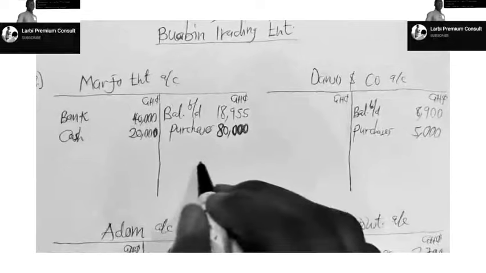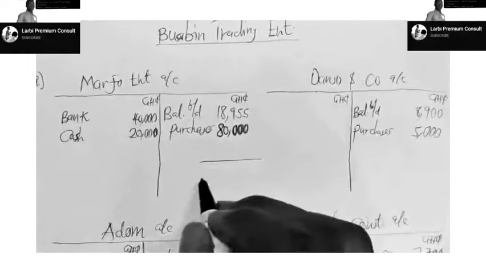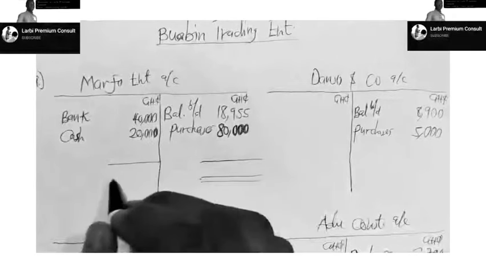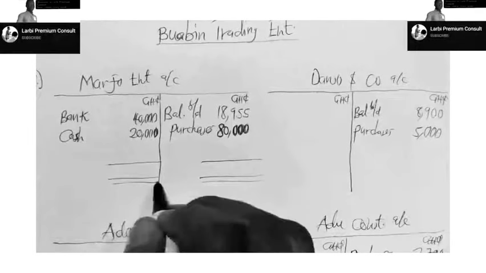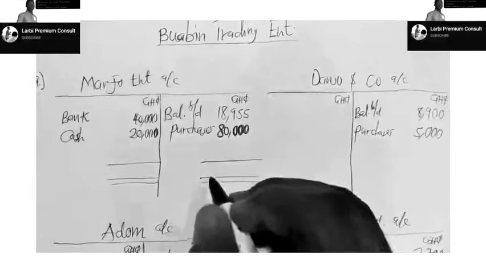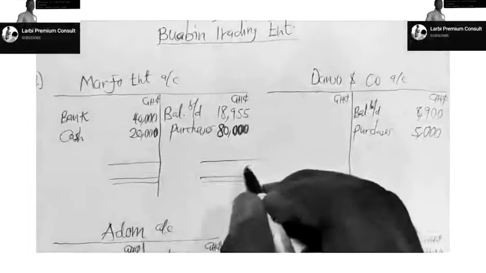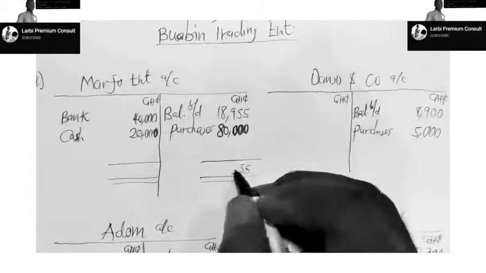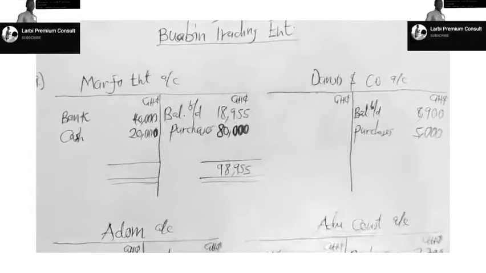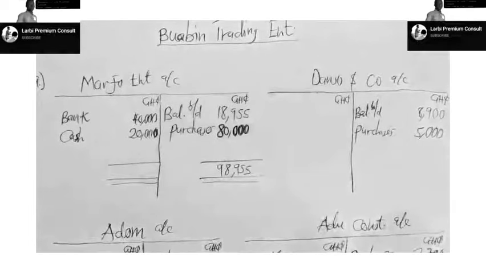Okay, so I'm going to have my double lines, right? Now the total will be, when I add, here will give me 5, here 5, here 9, here 8, so 98,955.